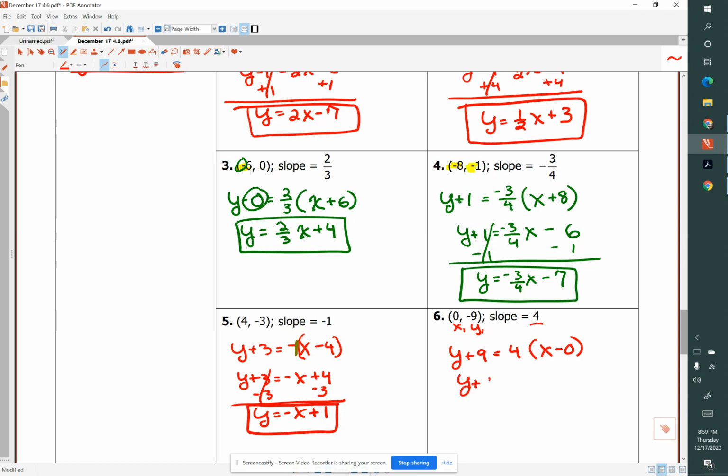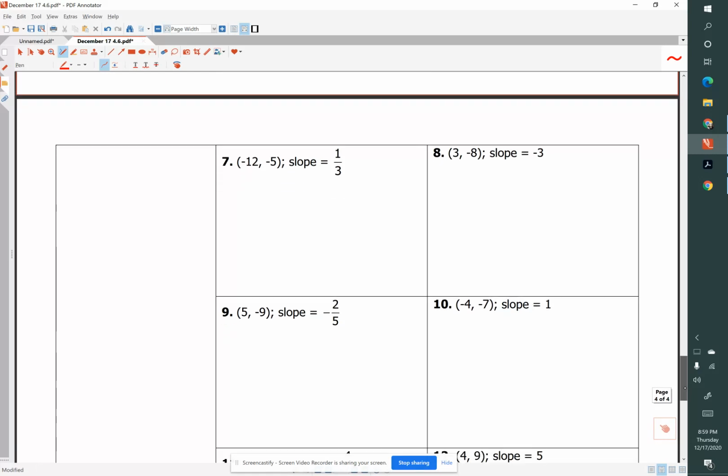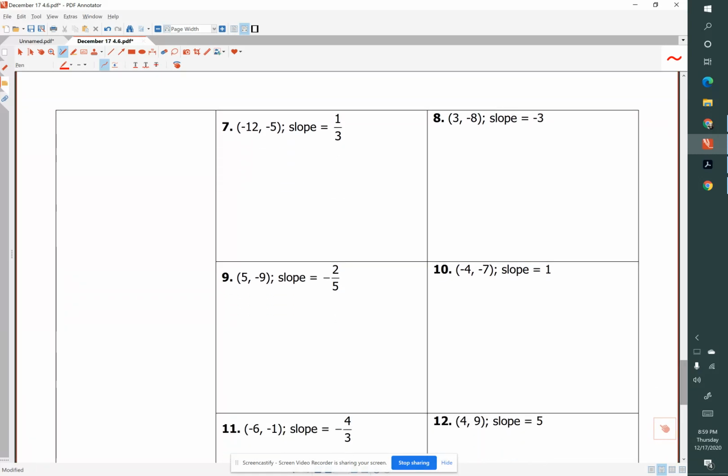So it'll be y plus 9 equals 4x. That's it. The 0 goes away. Subtract 9 from both sides. And y equals 4x minus 9. Why don't you try 7, 8, 9, and 10 on your own and pause the video and then come back. Just be careful of the negative signs.